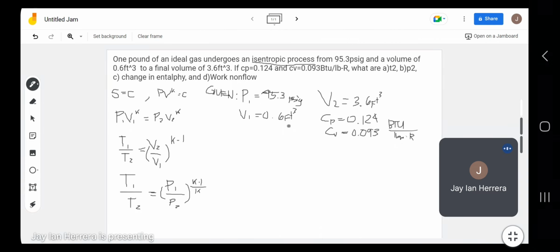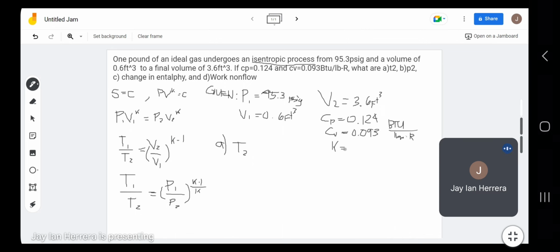Okay, so what's next? Let's try to get T2. To get T2, we are given V2 and V1, so we use this formula. First, we don't have K, so let's solve for K first.